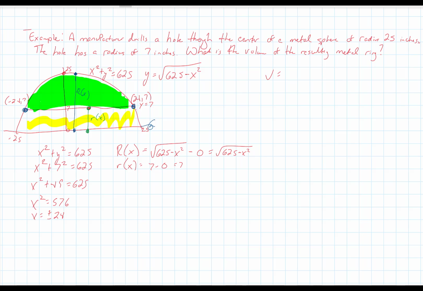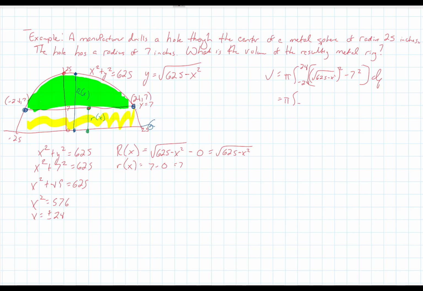So now the volume, I can set up the full formula. So volume equals pi times the integral from negative 24 to 24 of my big radius, square root of 625 minus x squared, squared, minus my little radius of 7 squared, dx.